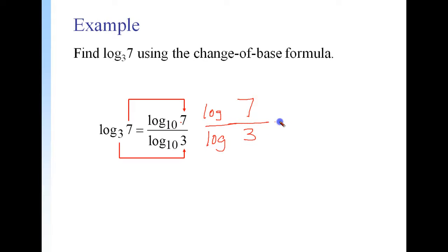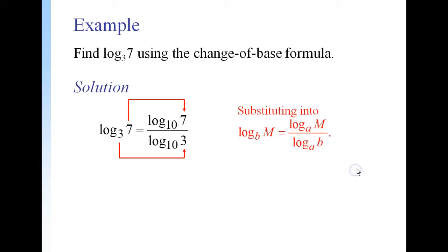Put that in your calculator, and then you're going to round to 4 decimal places. So our M is 7, and our B is 3.